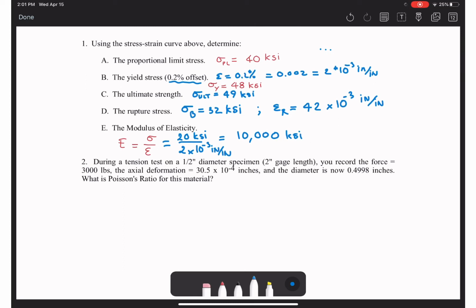Now the part number 2, during a tension test on a half-inch diameter specimen, and the length of the gauge of this specimen is 2 inches. So basically that is L0, and this is the original diameter, D0.